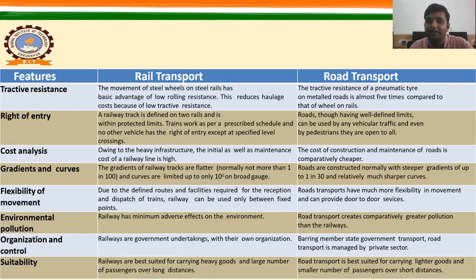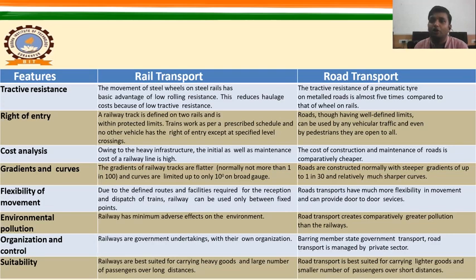Now the cost analysis. Owing to the heavy infrastructure, the initial as well as the maintenance cost of a railway line is always high, because the infrastructure is very heavy in the case of rail transport. So the initial cost as well as the maintenance cost will undoubtedly be larger than road transport, because the cost of construction and maintenance of roads is comparatively cheaper.